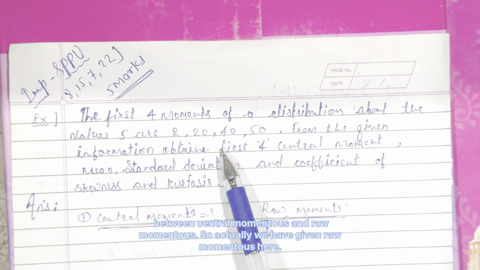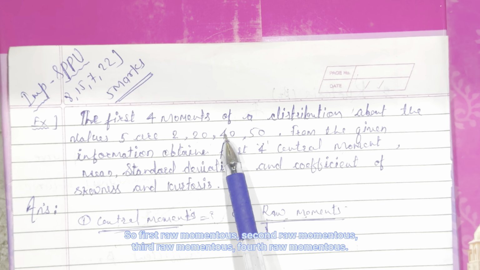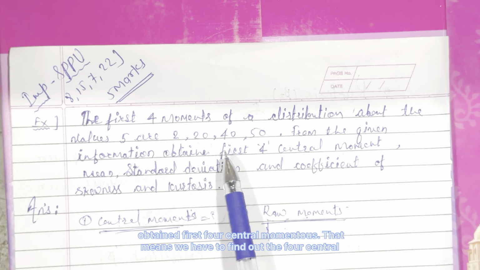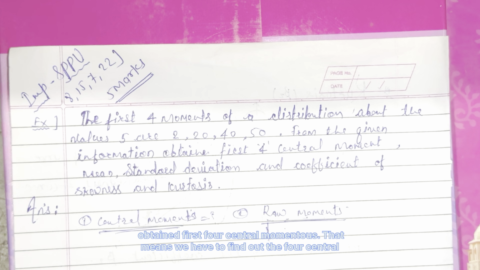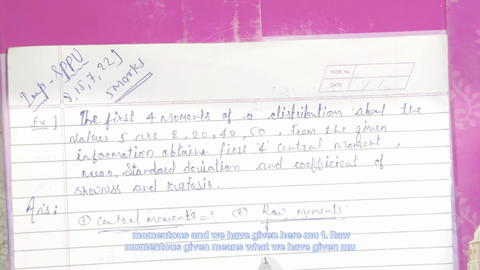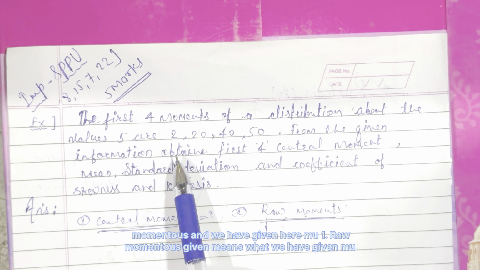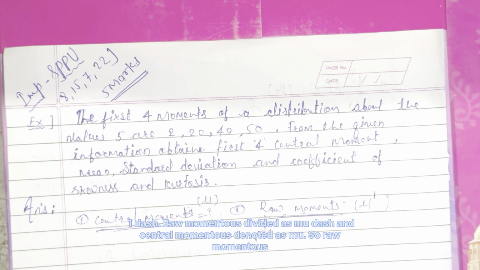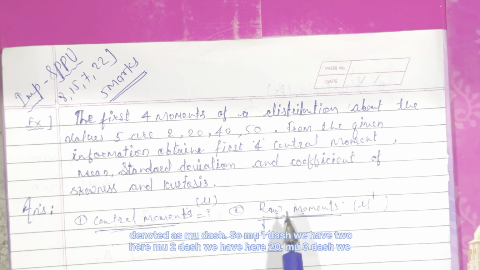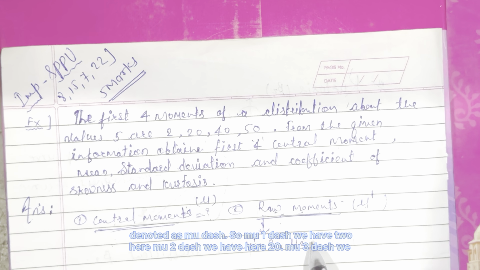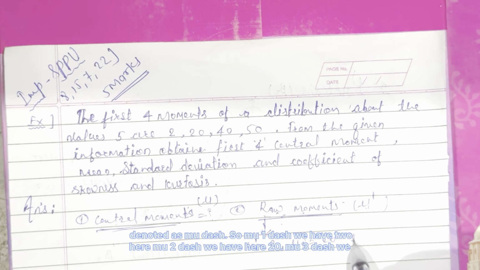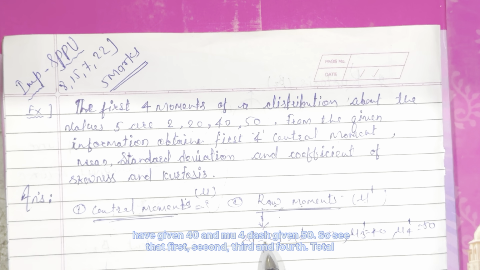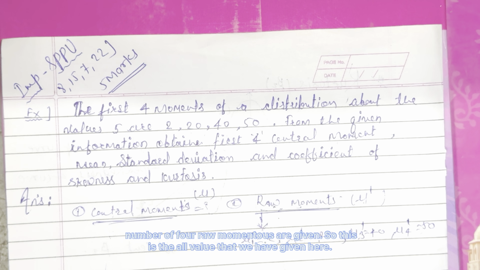So we have been given the first, second, third and fourth raw moments, and from these we have to find the four central moments. Raw moments are denoted as mu dash, so mu1 dash is 2, mu2 dash is 20, mu3 dash is 40, and mu4 dash is 50. So a total of four raw moments are given.